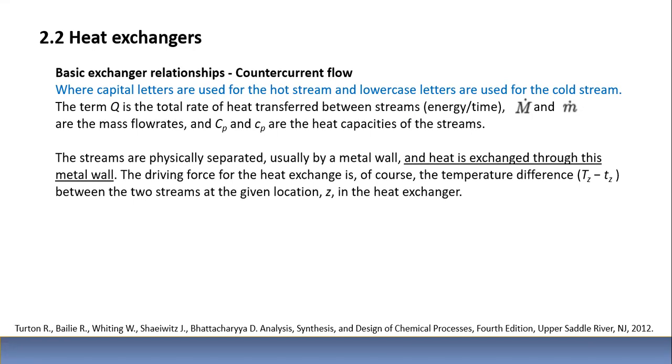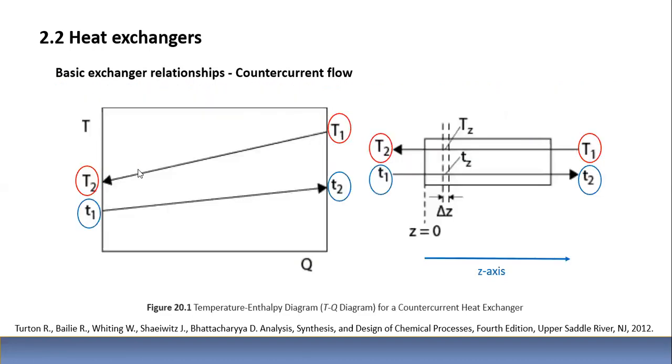The streams are physically separated, usually by a metal wall, and heat is exchanged through this metal wall. The driving force for the heat exchange is, of course, a temperature difference, big Tc minus small tc. So the difference between the temperature of this one and the temperature coming in here.